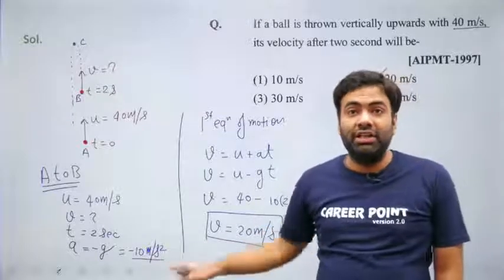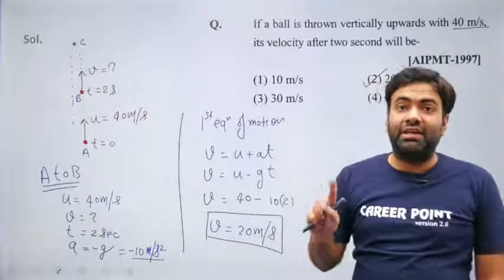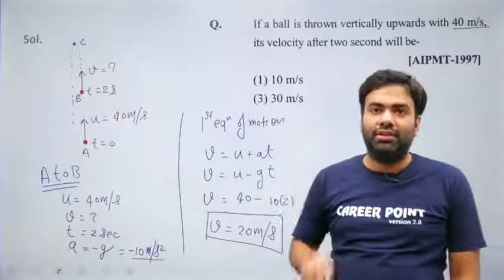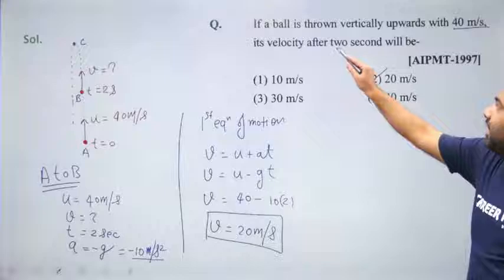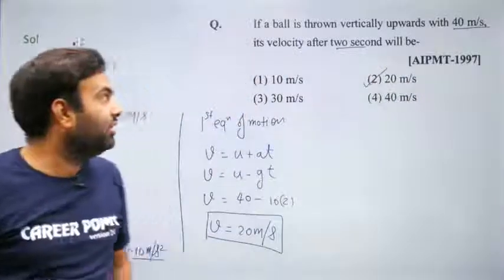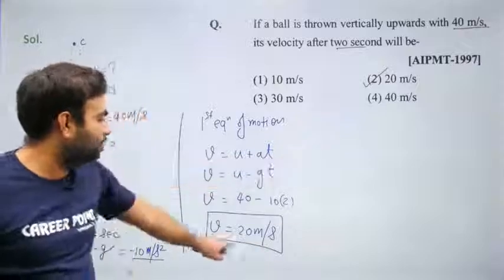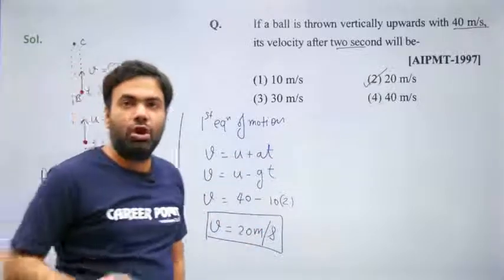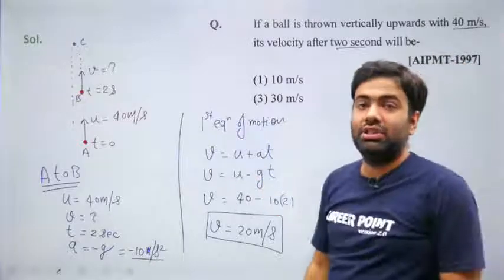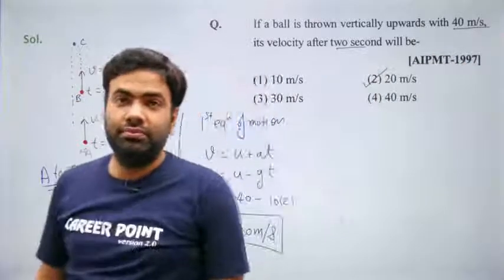So the velocity will decrease by 20 meter per second in 2 seconds. That's why 40 minus 20 is 20 meter per second. So we can also find this velocity using this concept, using the definition of acceleration.